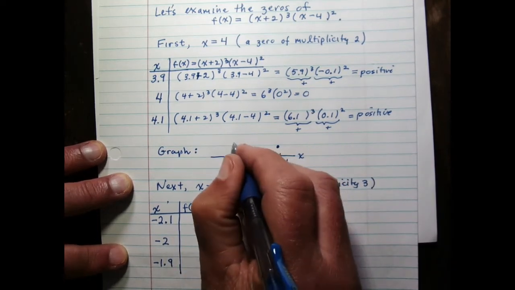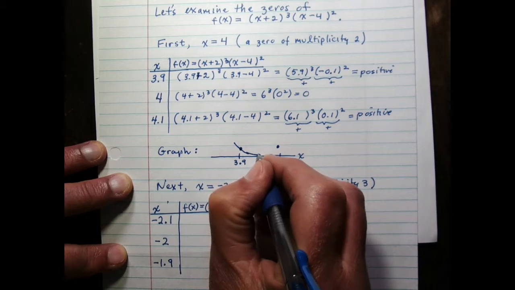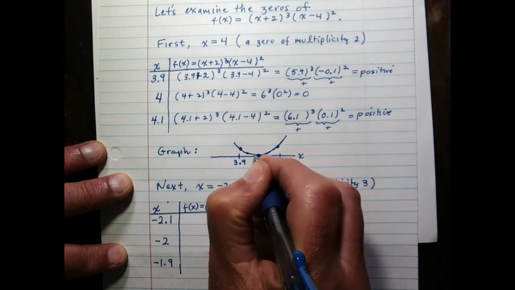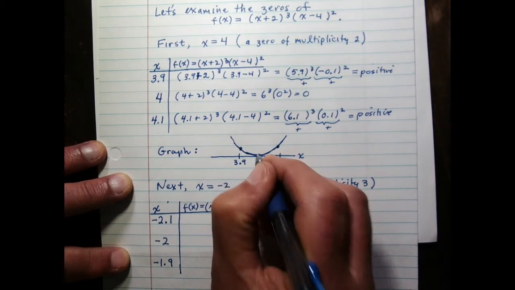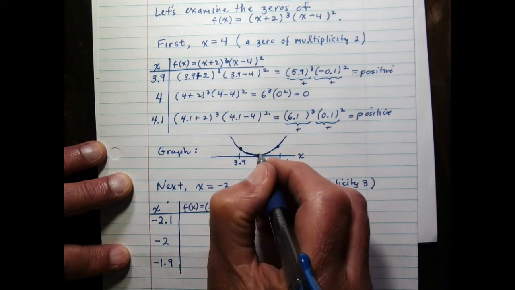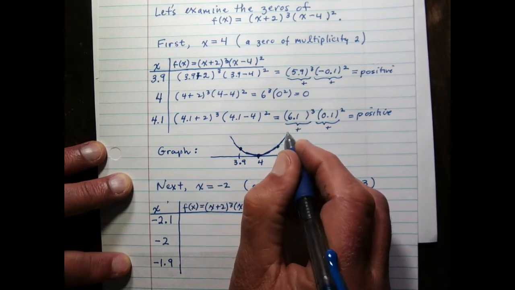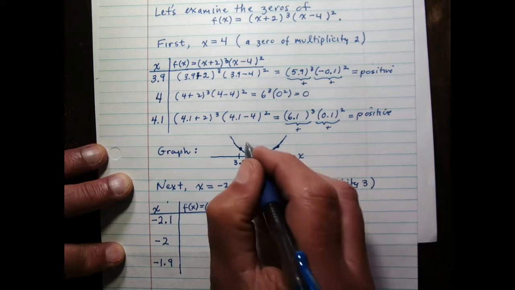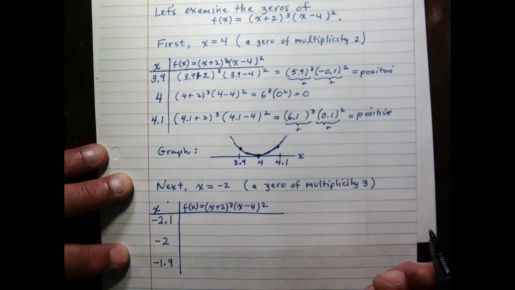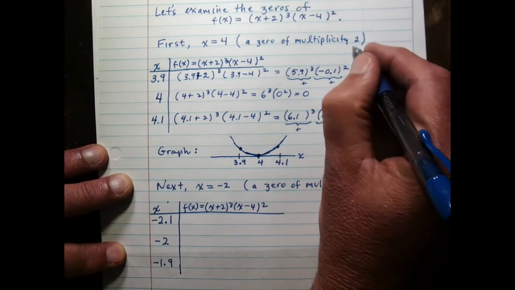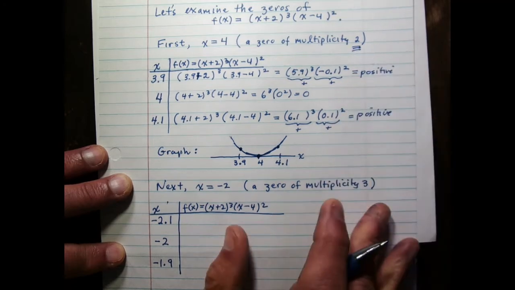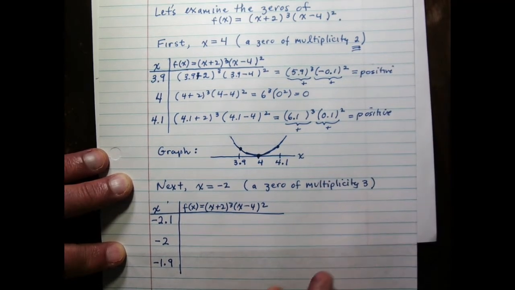So this is my attempt to convince us that the graph is going to do this kind of shape at that 0. It's going to come down and touch the x-axis at 4 and then kind of bounce back off. It's not going to actually cross the x-axis. And that has something to do with this multiplicity of 2 for that 0.